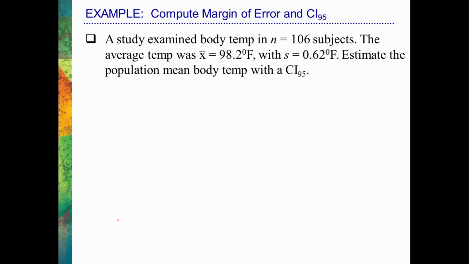Well, one thing that makes this interesting is most of us have this idea that an average body temperature is 98.6 degrees Fahrenheit. So this is a little bit lower. Is that something that we would expect just by chance? Well, let's compute our confidence interval. Let's see if our confidence interval includes 98.6 degrees.